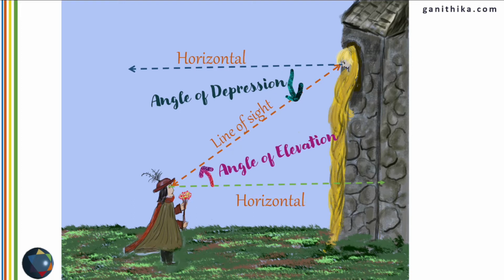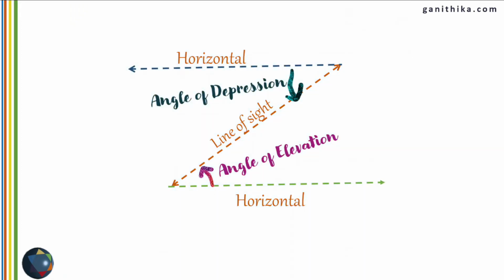So we can consider this as a mathematical diagram like this, removing all the unwanted stuff and the story stuff here. We get this as our mathematical diagram. So we can see that there are two horizontal lines and the line of sight in between them acting as the transversal. You know that by the property of a transversal between two horizontal lines, the two angles, the angle of depression and the angle of elevation, should be equal to each other because of the Z property between two horizontal lines.